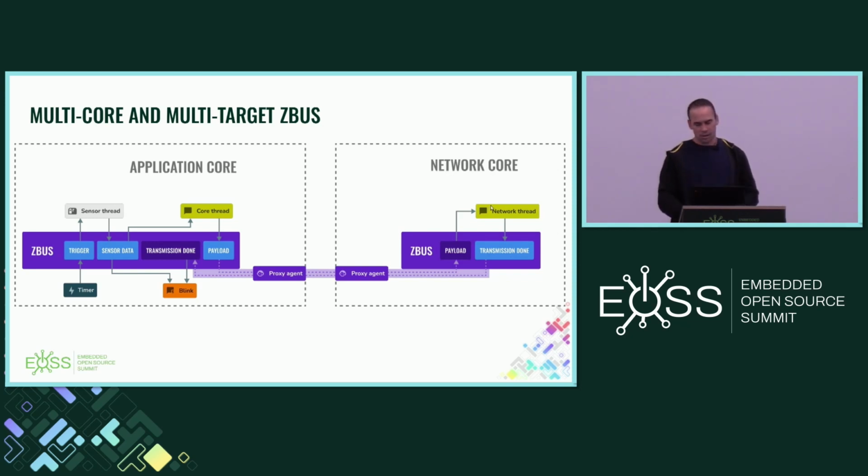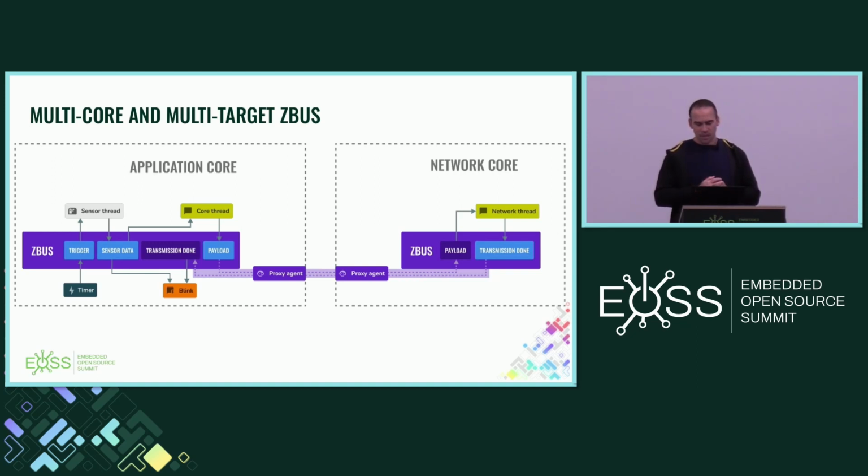This core here can only read or receive notifications from the channel, but on this core we cannot publish to that channel. But on this core we can publish on the actual channel, and everything that happens to that channel will be reflected to the shadow channel. And we have a proxy agent in the middle, right? They know how to talk to each other to make that consistency happen.